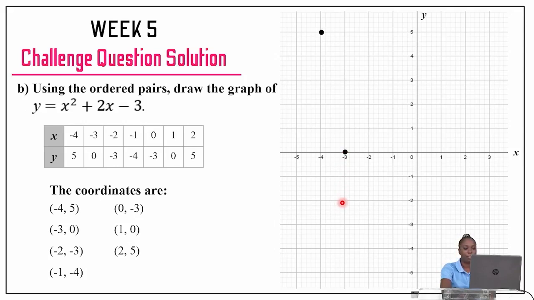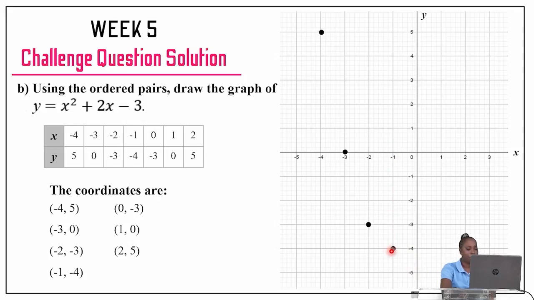Negative 2, negative 3, negative 2 on the x, negative 3 on the y, and so this is the location of our next coordinate. Negative 1, negative 4, negative 1 on the x, negative 4 on the y, and that is our coordinate.